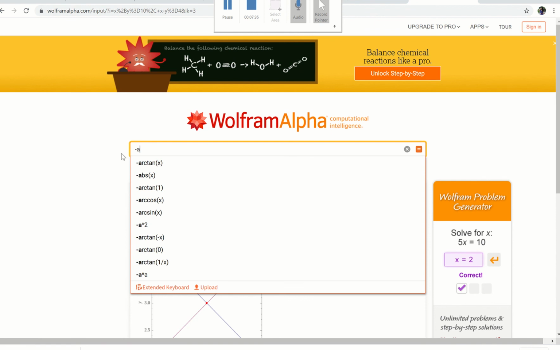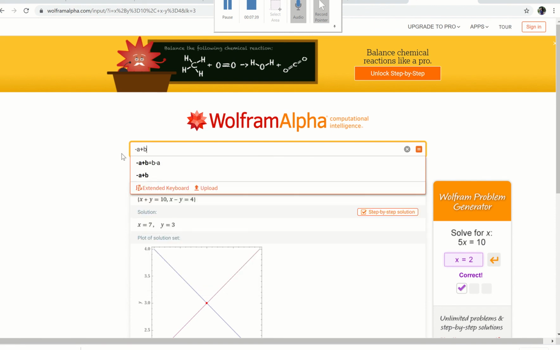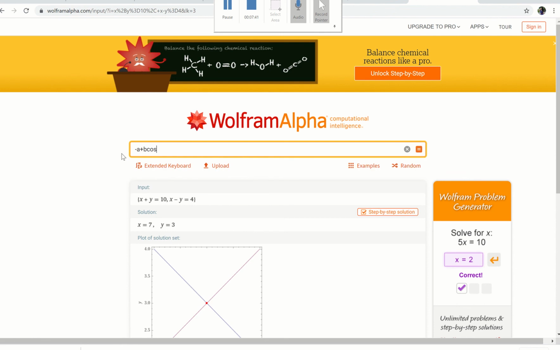So I'm just going to use negative A plus B, what we're solving, times cosine 45 degree. That equals 0. Then the next equation, we have B sine 45 degree minus 900 equals 0.